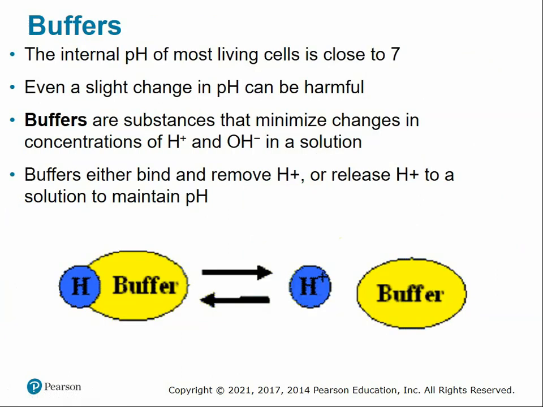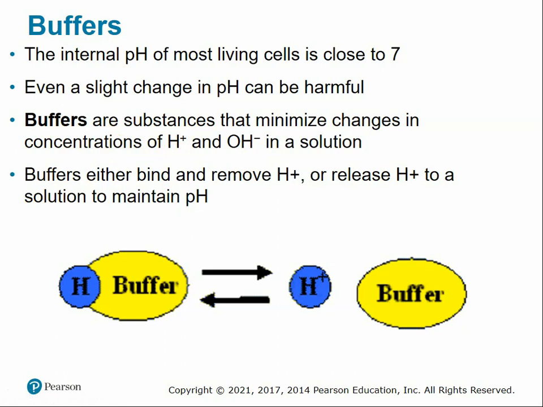Because even a slight change in our body's pH can be harmful, we have a built-in maintenance mechanism in buffers. Buffers are substances, sometimes proteins, in the blood or the body fluids that help minimize any changes or dramatic shifts in our body's pH, by monitoring and minimizing fluctuations in the concentrations of hydrogen and OH in our solutions.